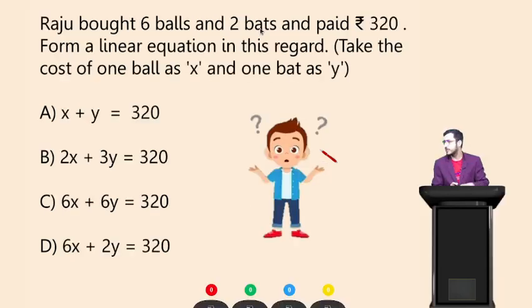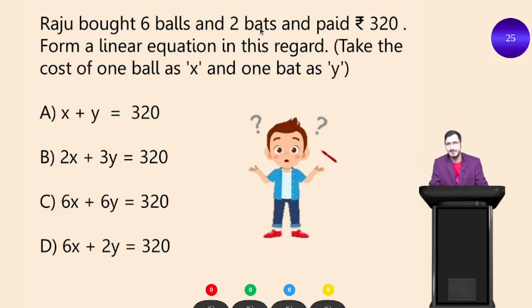Okay, now it's question time, students. I have a question for you. Raju bought 6 balls and 2 bats and paid rupees 320. Form a linear equation in this regard, taking the cost of one ball as x and one bat as y. For this question I am giving you 30 seconds.